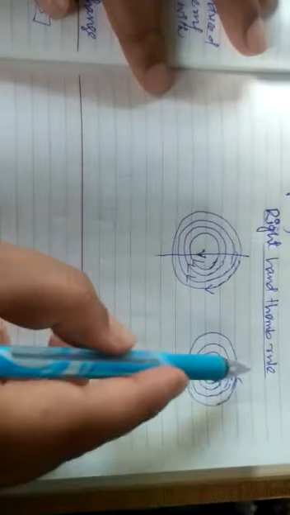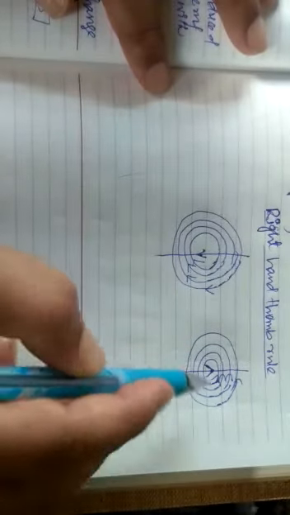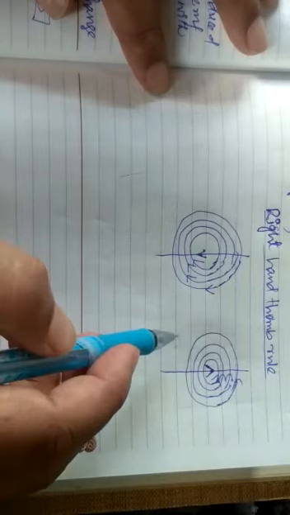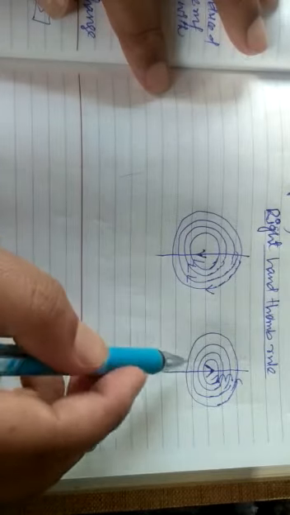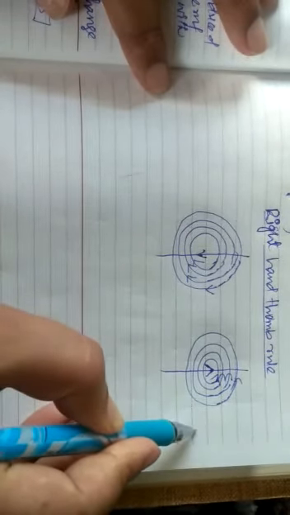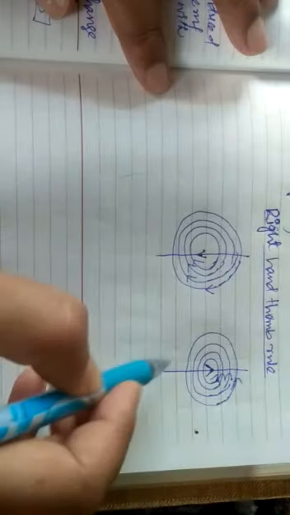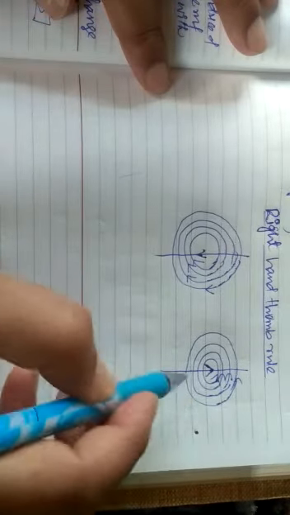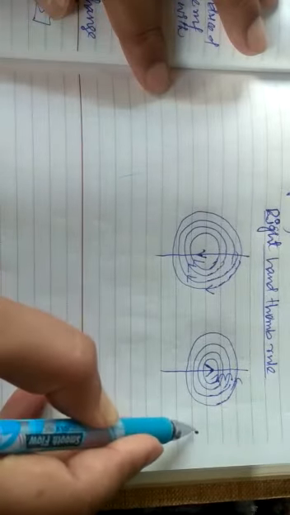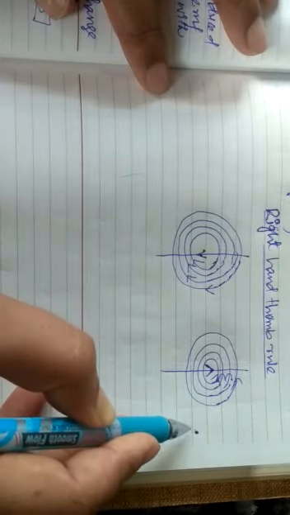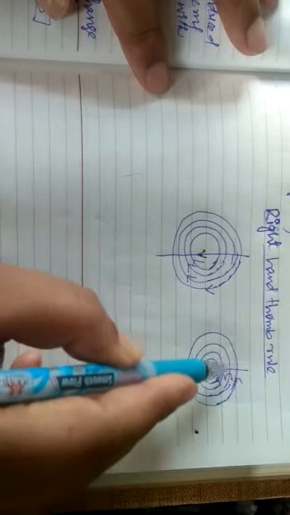Because we are already aware that once there is a current carrying conductor, around it we have a magnetic field. If we take any point here, close to this current carrying conductor, and we have to find the magnetic field here, the magnetic field at point B depends on the amount of current.